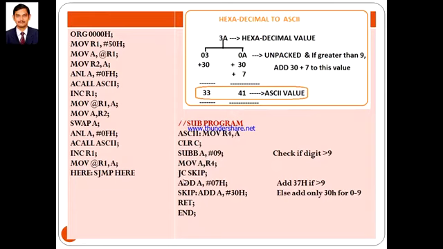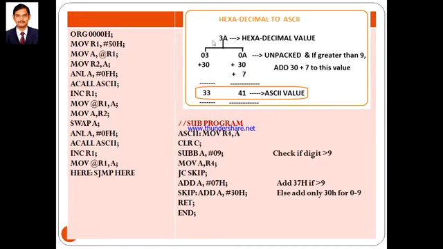If it is not, the carry bit will be reflecting the status. Immediately 37 is added for that. As a result, we will get the 41 ASCII equivalent value. That will be stored in the 51H location.